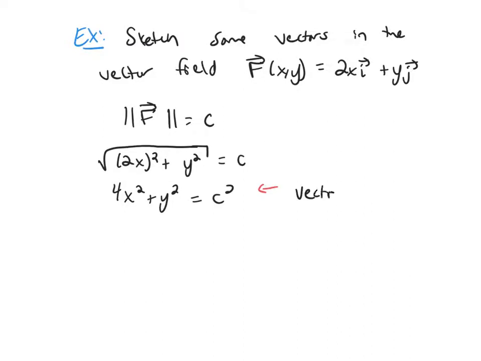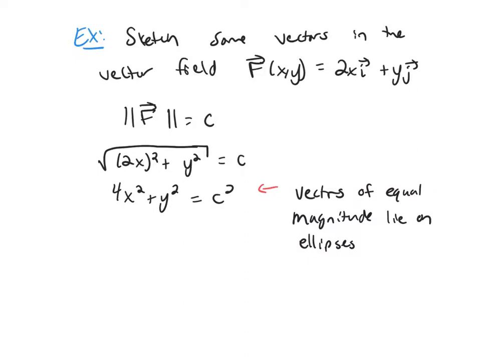So the vectors of equal magnitude lie on ellipses. So in the last example they were circles, but here they're going to be ellipses.